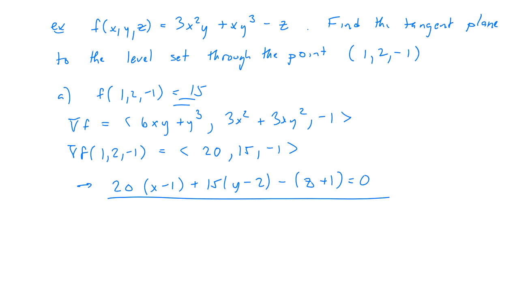And that last thing is z plus 1. So the idea is this is our normal vector. This is the point on the plane. We just use the method from chapter 1. Between those two, we have a normal vector and a point on the plane, so we get the equation of the plane.